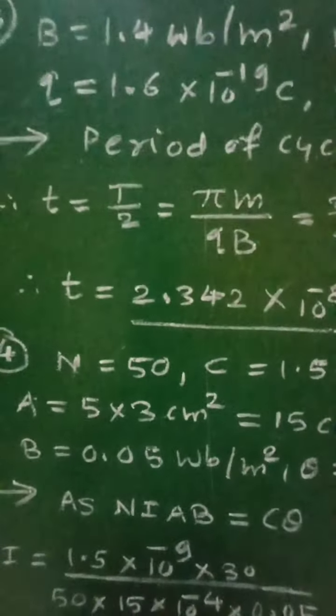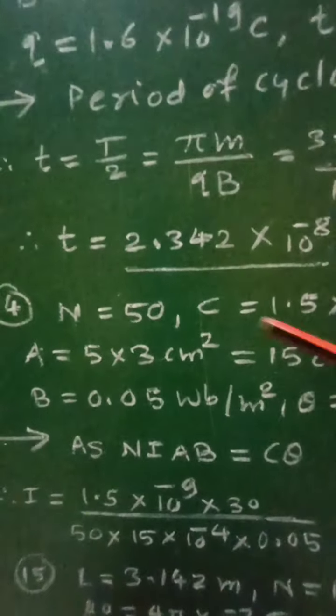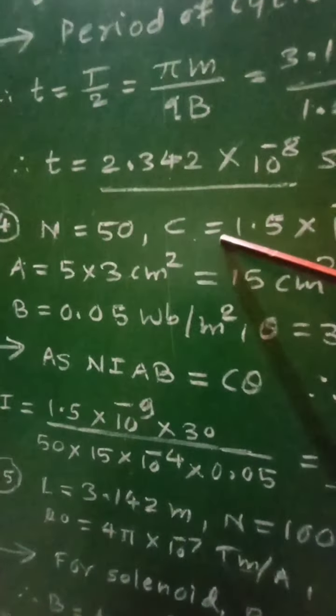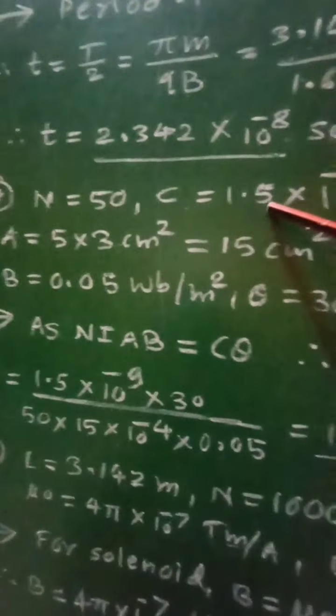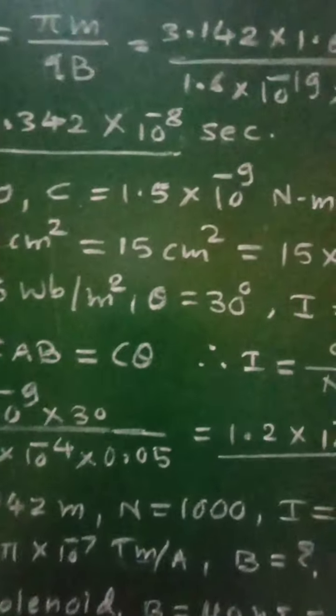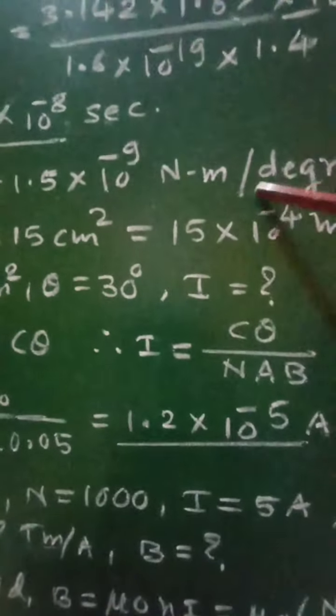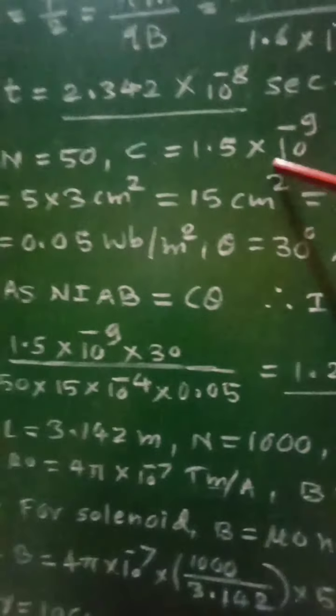Therefore for this numerical number 14, given data is N is equal to 50, then C is equal to 1.5 into 10 raised to minus 9 Newton meter per degree, that is the torsional constant.